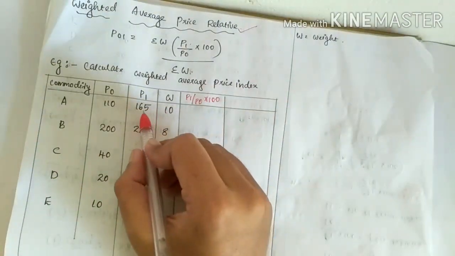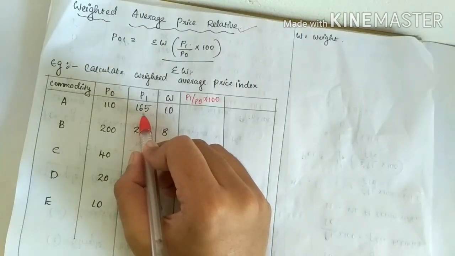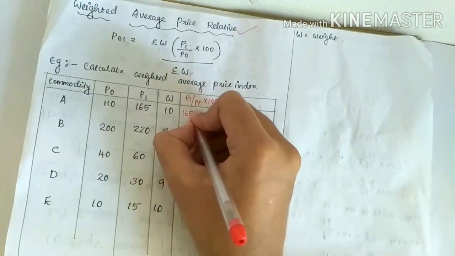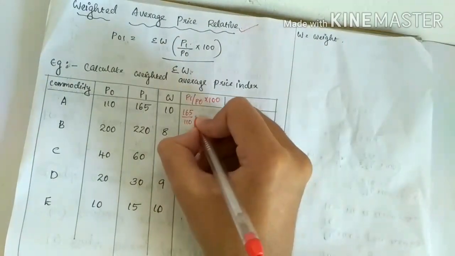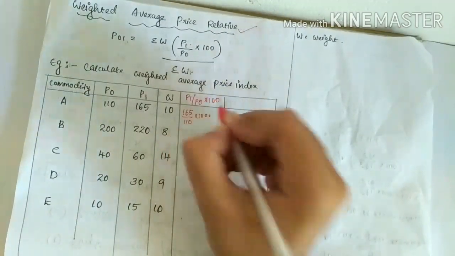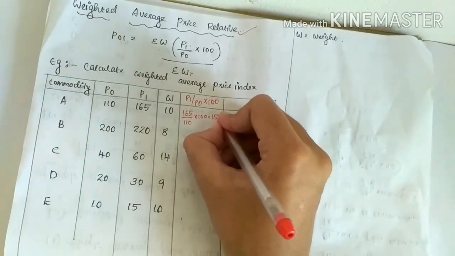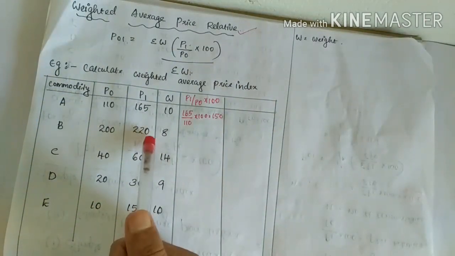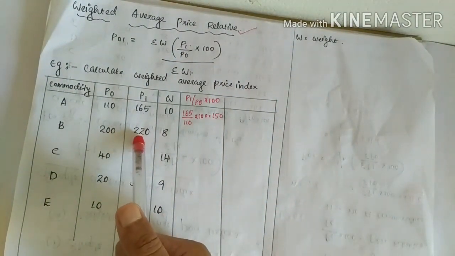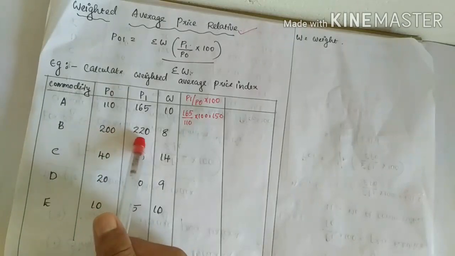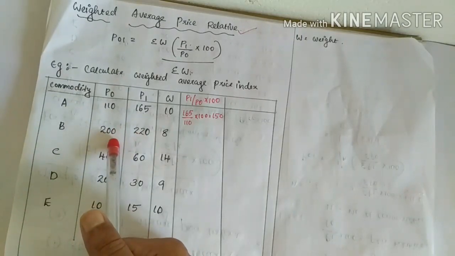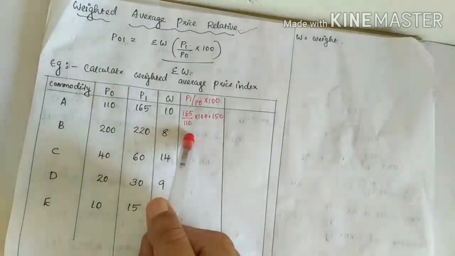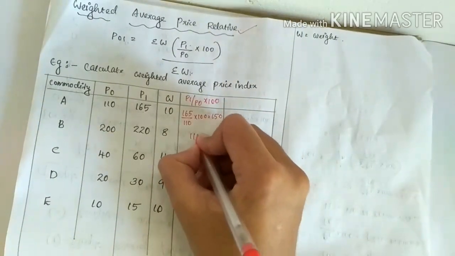The P1 of the first commodity is 165. That is 165 divided by 110 into 100. The answer is 150. The next commodity is P1 is 220, P0 is 200. So 220 divided by 200 into 100. The answer is 110.